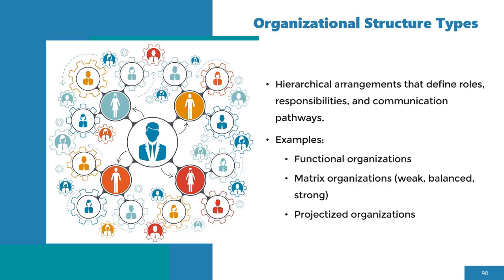Of course, most organizations operate the functional structure type. So when you have a project going on in an organization that is mostly dominated by a functional structure, we'll call it a matrix organization.